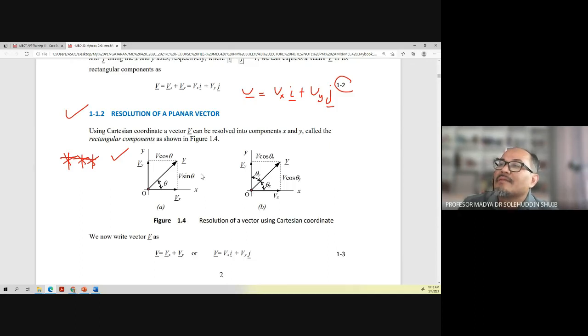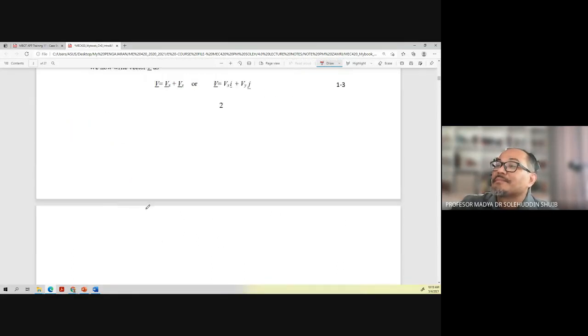So you can have here this value Vy is V sine theta, and Vx is basically V cosine theta. Okay, so make sure you do not mix up this one. Okay, this is what we call vector using Cartesian coordinate system.